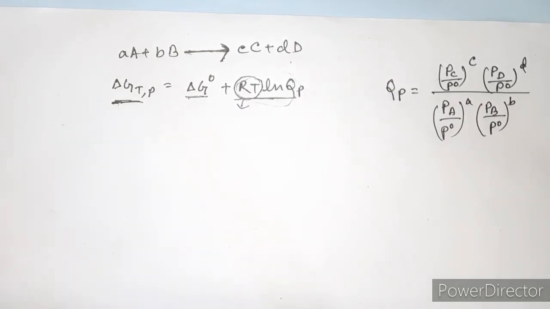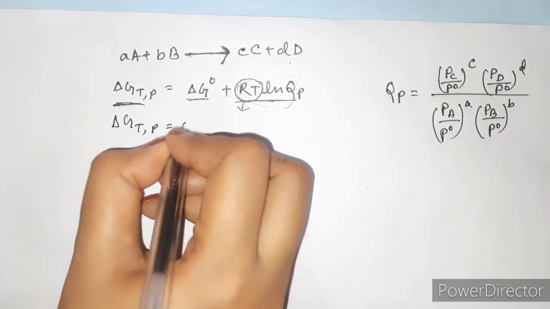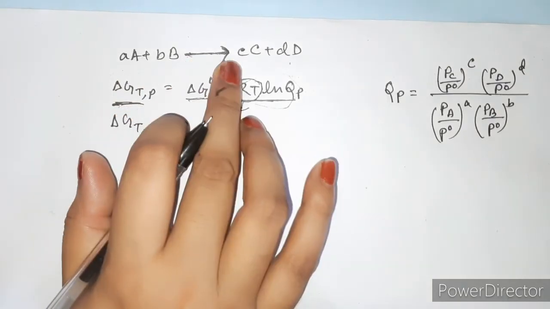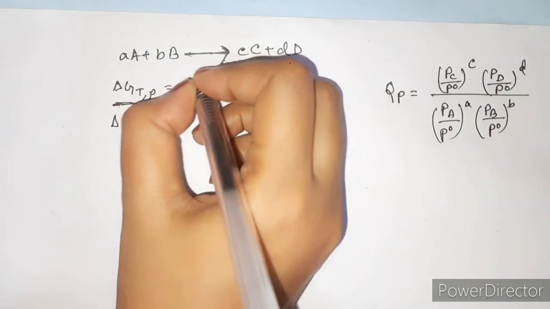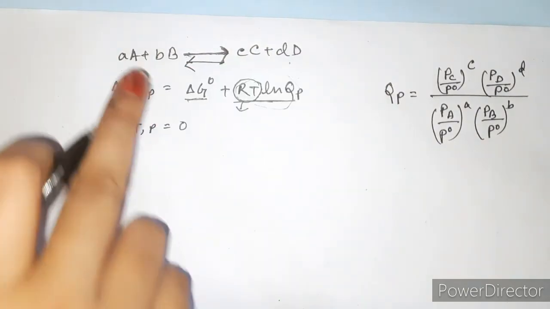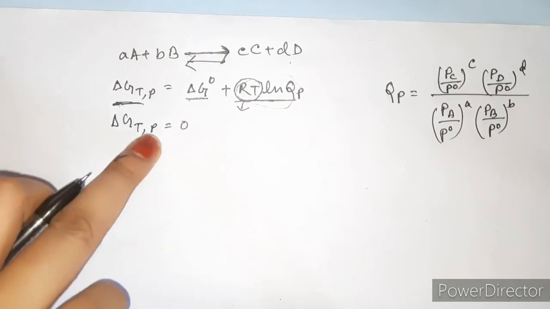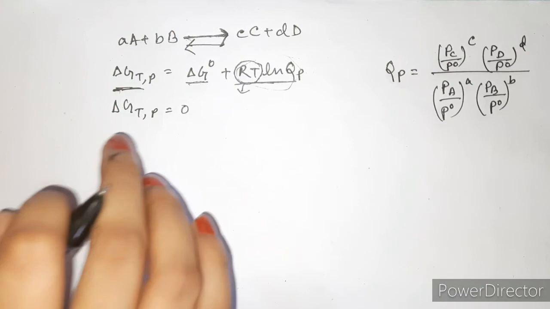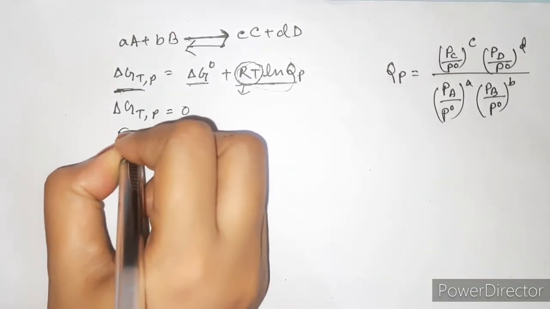So there will be a situation when the del G at constant T and P is equal to 0. That means the rate of the forward reaction will be equal to the rate of the backward reaction when del G is equal to 0, and this situation is known as the equilibrium situation.